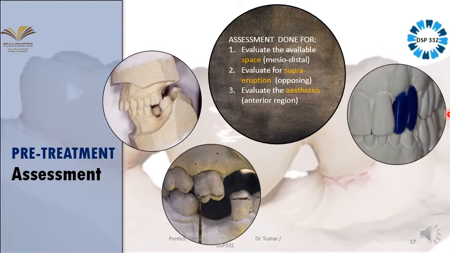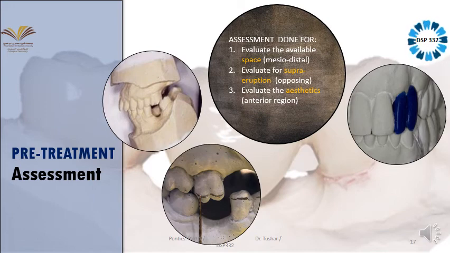Then we have to evaluate the aesthetics for the anterior region. Here you can see this is your diagnostic wax up, right? Diagnostic wax, you know, inlay waxes you have already studied. So the diagnostic wax up we did, this is with blue color, but usually in the laboratory they do it with white, off-white color, so that you can properly visualize how that prosthesis is going to look in future.